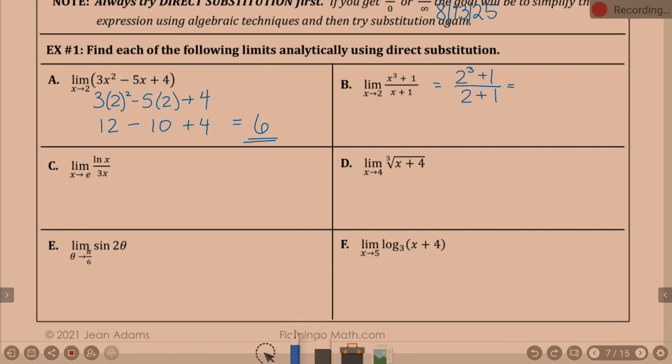Does this work? Three? Okay. Well, I just kept it 9 over 3. Which technically would be correct. Were you just not thinking about it being 3? No, I just didn't want to. Okay.